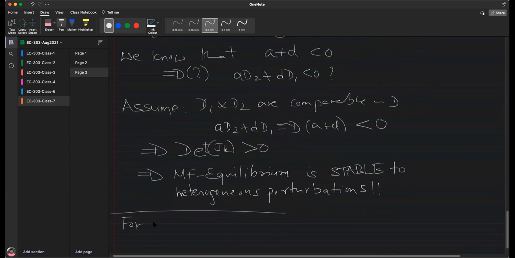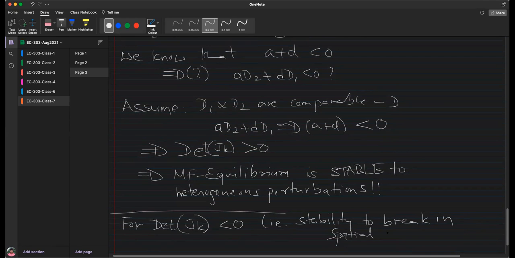For the determinant of JK to be less than zero, that is, for stability to break in the spatial system, what do we need to have?